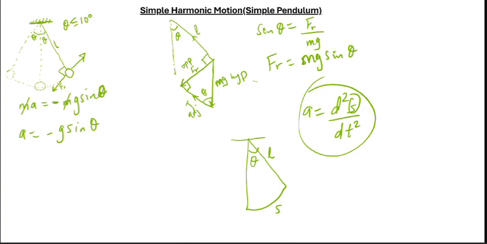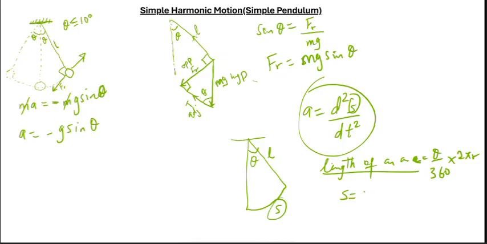As we know, the length of an arc is theta over 360 times 2 pi r, where r is the radius. The length of the arc is s, so s equals theta over 360, which is 2 pi in radians because we are working in radians here, times 2 pi r. Our radius is this length l, the one that goes round the circle.